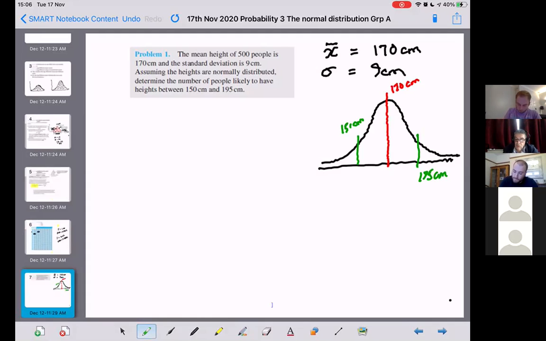So what we'll do is we'll have two Z values, Z1 and Z2. And the probability for Z1, I'm going to do them in different colors.